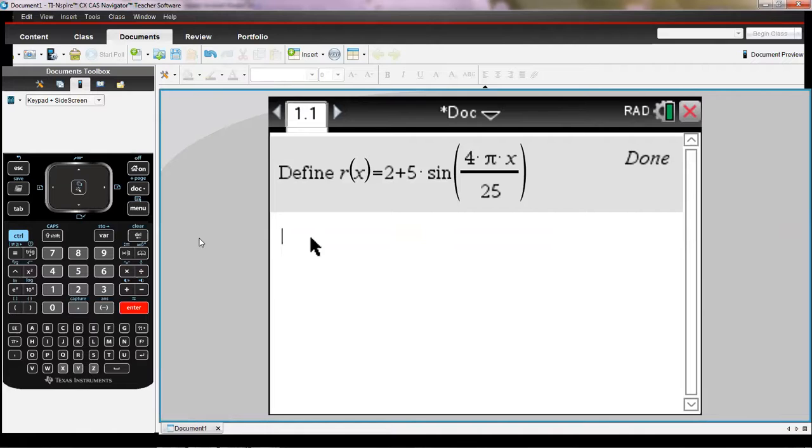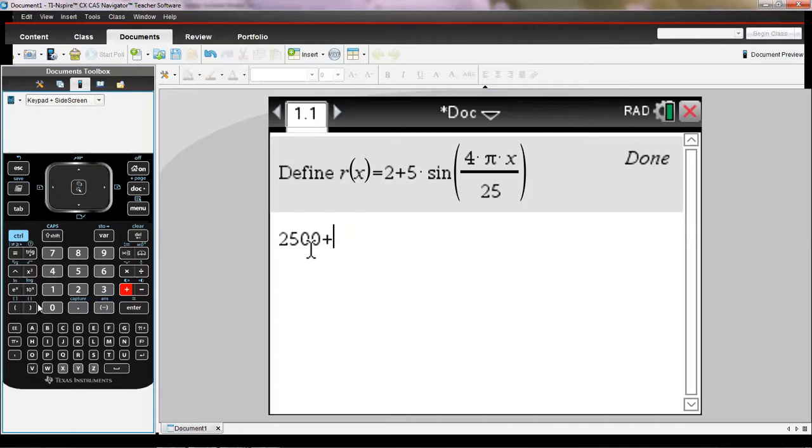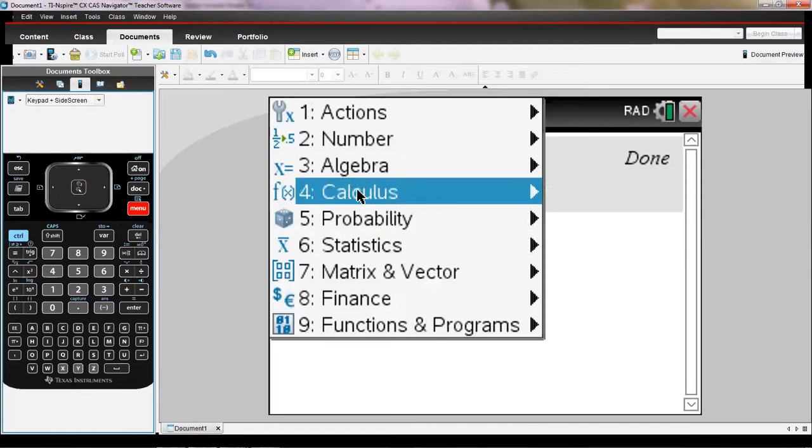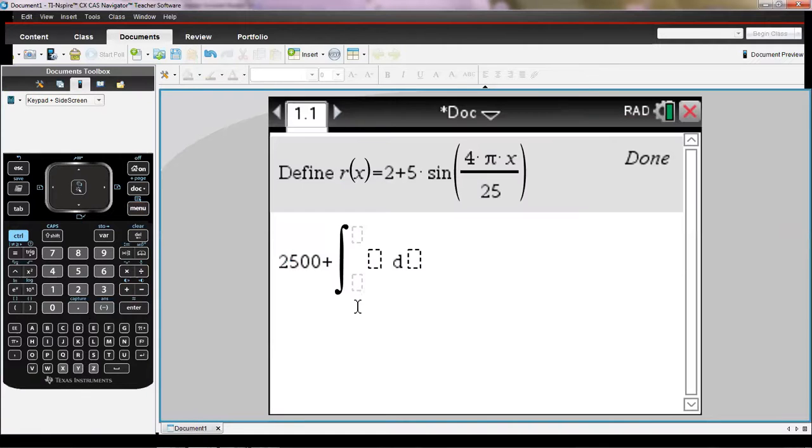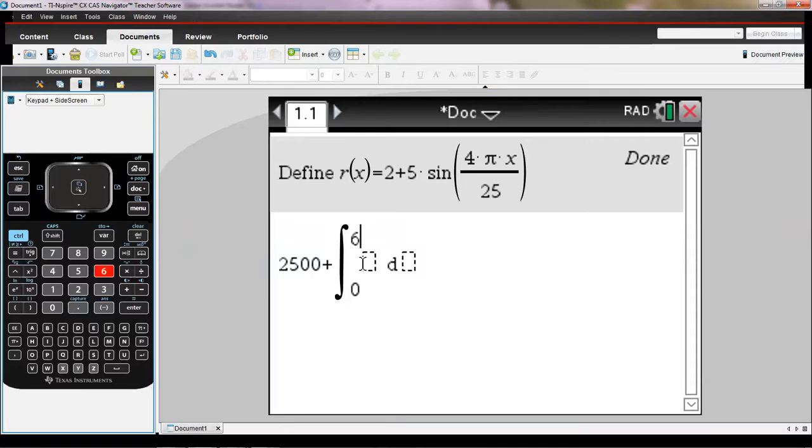And then I'm going to do the integral. So I'm going to do 2,500 plus the integral. I'm going to do menu, calculus, integral. And then I'm going to type what I have on my paper, 0 through 6, and then R of x dx.